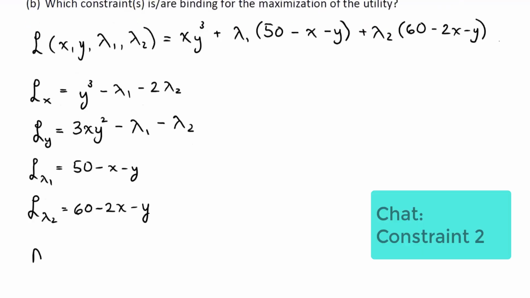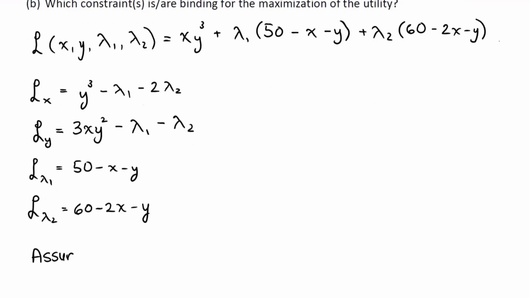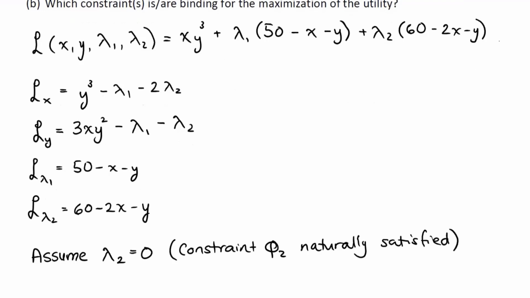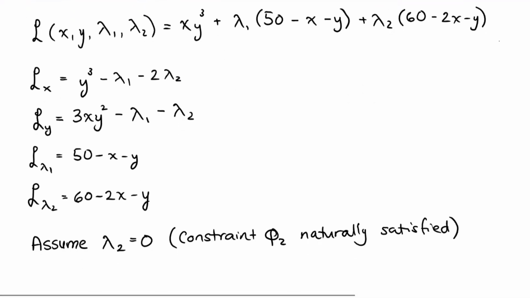Okay, so we're going to assume constraint 2 is naturally satisfied. Thus, lambda 2 will be equal to 0. So what happens when we do that? Constraint 2 is naturally satisfied, so lambda 2 is equal to 0.